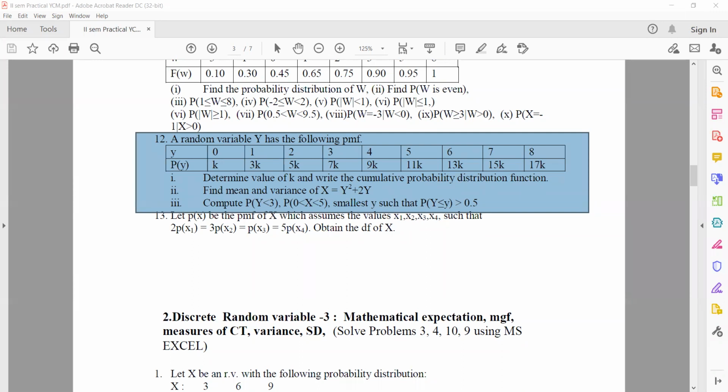Okay, so determine the value of K and write the cumulative probability distribution function. So you write that CDF, or F of y, is equal to this. Okay, so we got the CDF.